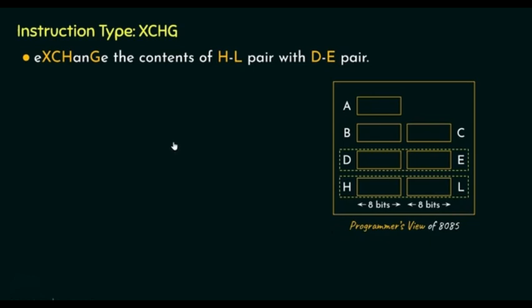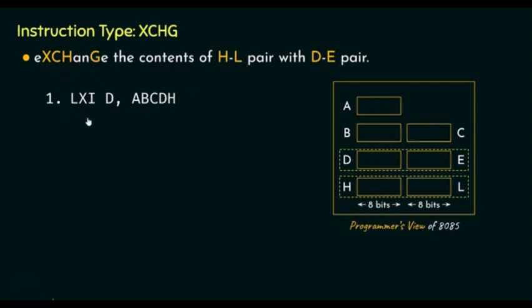Now let me explain how it will work using an example. So basically, we will load some data inside the DE pair and in the HL pair as well. And thereafter, we will execute this instruction to see what happens. So using the instruction LXI RP D16, we will load some data in both of these register pairs. So at first, let's execute the instruction LXI D, ABCDH.